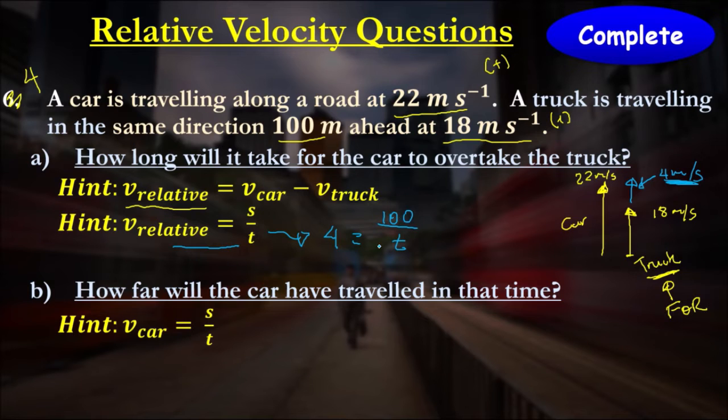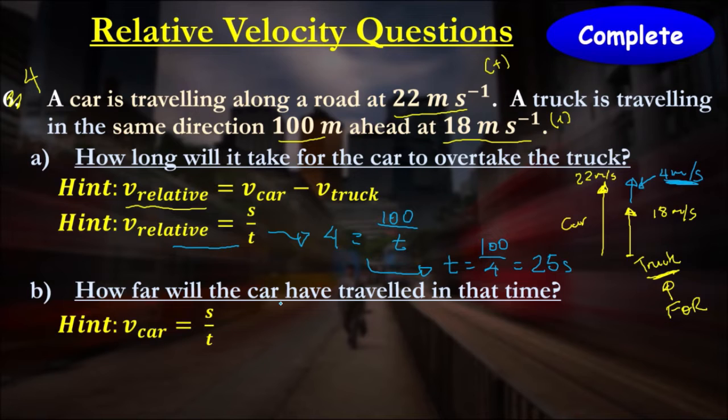This gives me an analysis of if the car is moving at 4 meters per second faster than the truck, but it's behind the truck by 100 meters, how much time is taken for it to catch up? So in this case, it would be t equals 100 over 4, and it would take about 25 seconds to reach the truck.